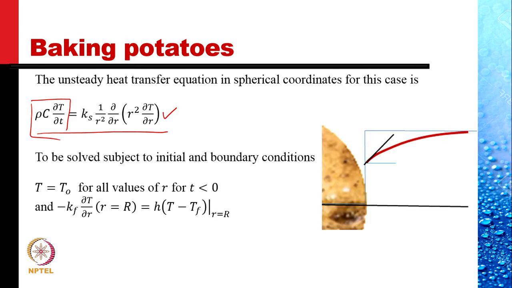This equation is to be solved subject to the initial and boundary conditions, that T is equal to T naught for all values of R for t less than 0, the initial temperature of the potato, and then at the surface of the potato, the heat conducted into the potato, which is minus Kf del T by del R at R is equal to capital R by Fourier law, is equal to h times T minus Tf, the instantaneous temperature minus Tf, or the other way around, Tf minus T. My negative sign will take care of that.